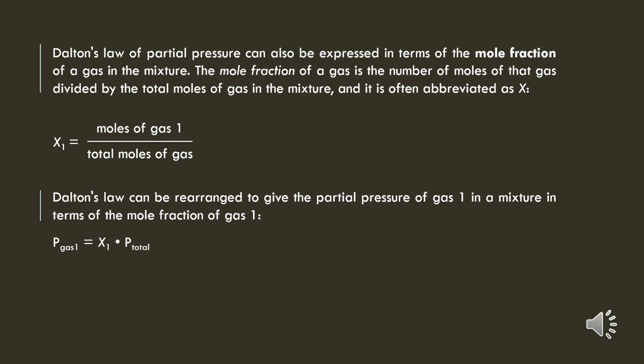Dalton's law can be rearranged to give the partial pressure of a gas in a mixture in terms of the mole fraction of gas 1. So pressure of gas 1 is equal to X1 times the total pressure.